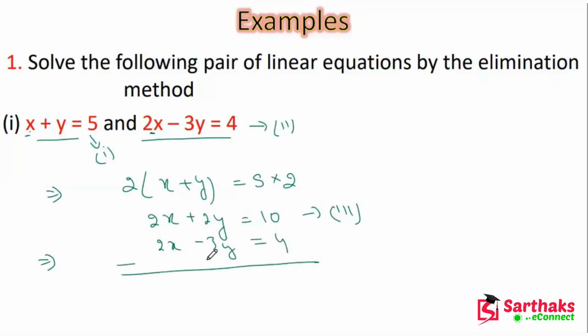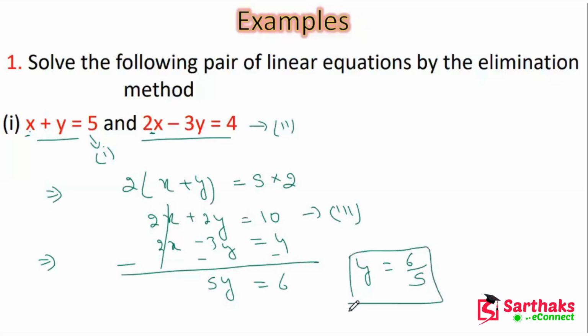Now when subtracting, the 2x cancels and the sign becomes plus, so this is 5y, and 10 minus 4 is 6. So we have the value of y is 6 upon 5. So what is the value of y? The value of y is 6 upon 5.